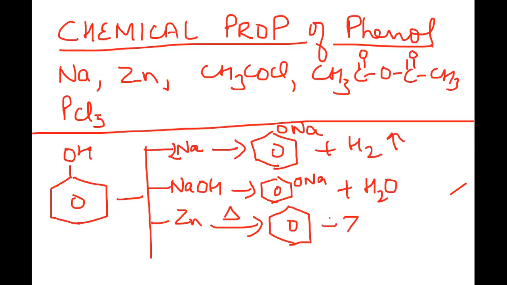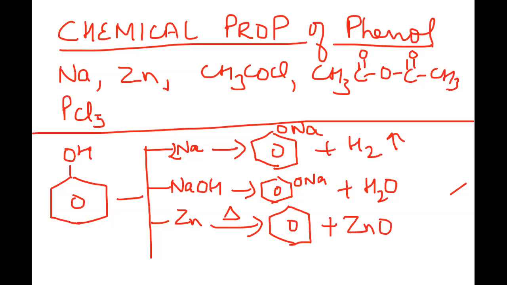Children, this is again very important to remember. Because it is acidic and we are using a metal, you might think it is going to liberate hydrogen. No, it doesn't happen. It is actually going to form zinc oxide and benzene. We'll go to the next.